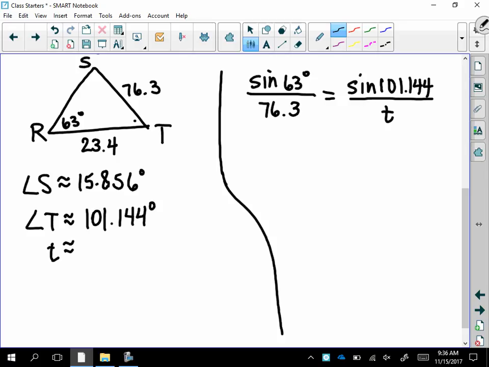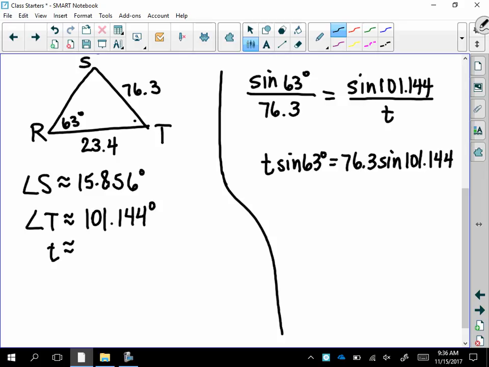In this case, I don't have to worry about two answers. I'm not finding an angle, I'm only finding a side. So when we cross multiply, it'll be T times the sine of 63 degrees equals 76.3 times the sine of 101.144.